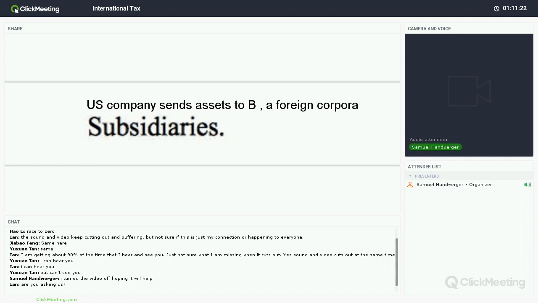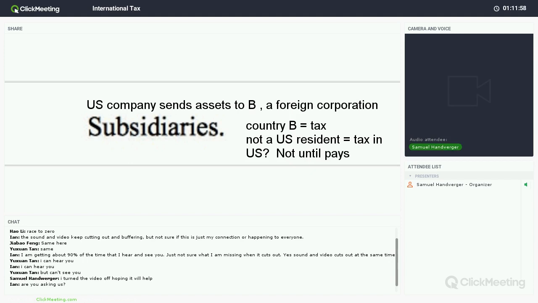And what's going to happen then is that the foreign corporation will have to follow the rules of the country that it's in, let's just use a generic name for the moment, country B. So it's going to follow those rules and pay tax there, but it's not a resident of the United States, not a U.S. resident, and therefore no tax in the U.S. until it pays dividends to U.S. shareholders.